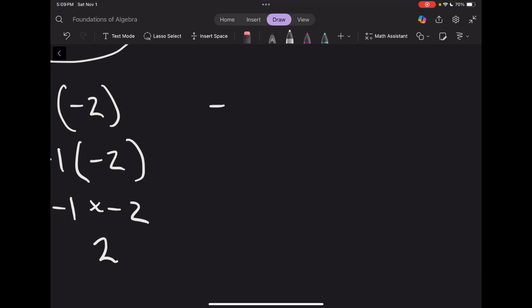I can also have this, which is the same thing as negative 1 times 2. And when I have a positive times a negative, what's that going to give me? I'm going to have negative 2.